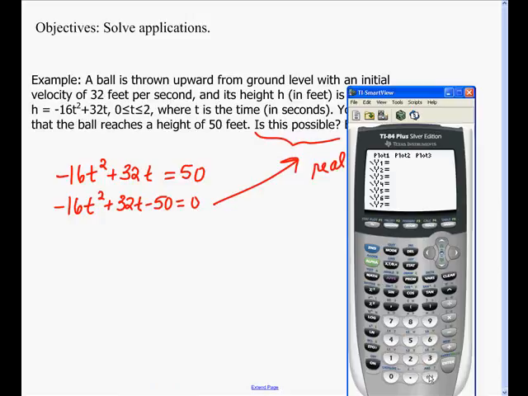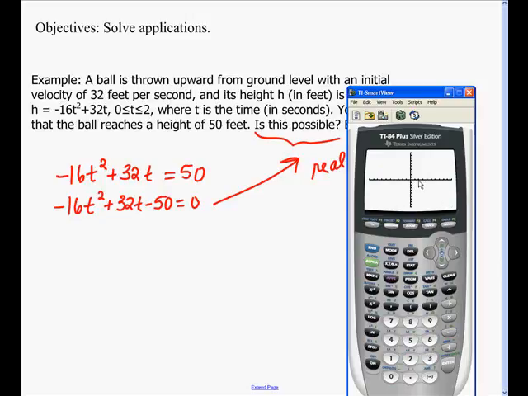So we can use our calculator and look at the real zeros of negative 16x squared, or you could solve it by hand if you wanted, plus 32x minus 50, and graph it.